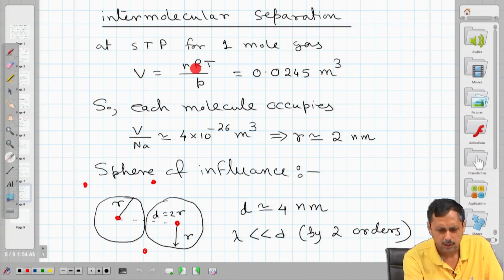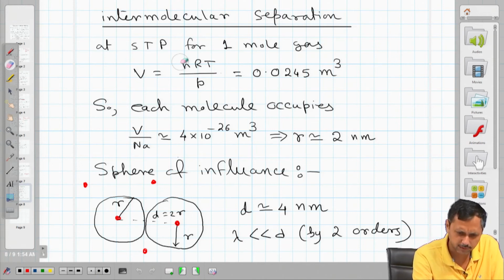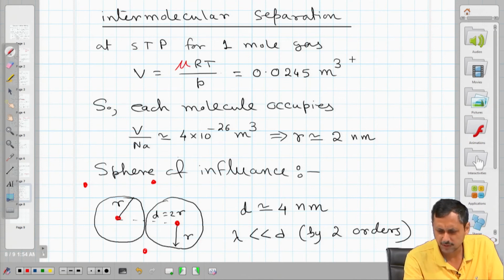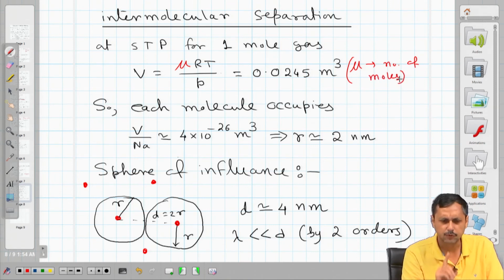If you put R as the universal gas constant, here actually do not be confused, actually I should write a separate notation, mu is the number of moles. So, for 1 mole mu is equal to 1.